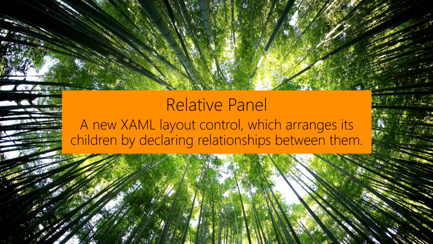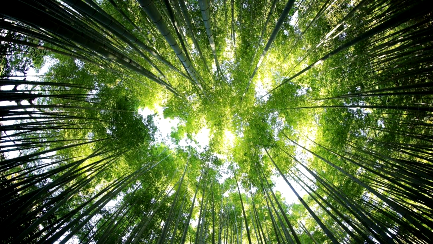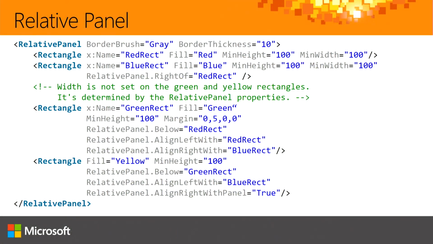Okay, the relative panel. This is one of the fundamental ways of organizing your content, and it's very similar to how you would do it with an HTML table, in fact. We'll look at that code in a second. It's all XAML. So is anyone here not familiar with XAML? There's a couple.